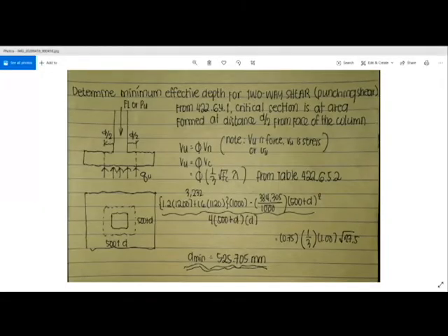Okay, so from sample problem 1, let me tell you that two-way shear is also called punching shear.